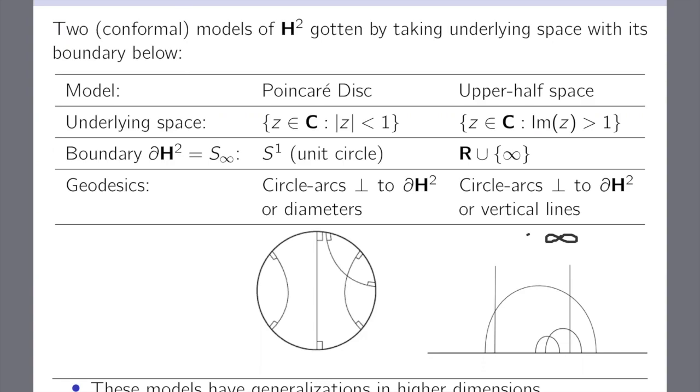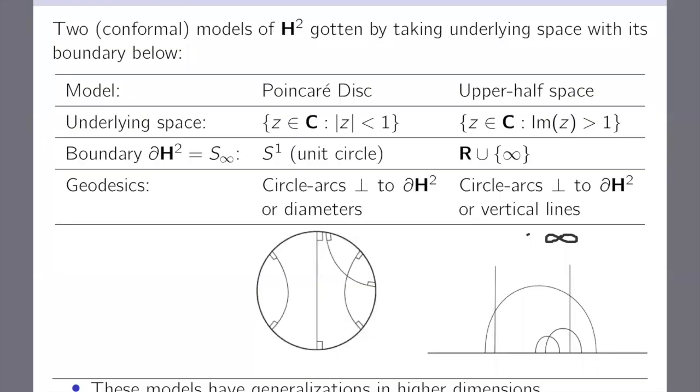I have to specify what the geodesics are for each now. In the upper half space, the geodesics, in other words the distance minimizing curves, are Euclidean circle arcs perpendicular to the boundary, or Euclidean vertical lines. Both are perpendicular to the boundary.